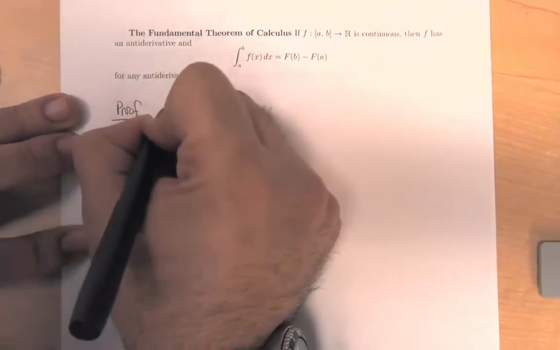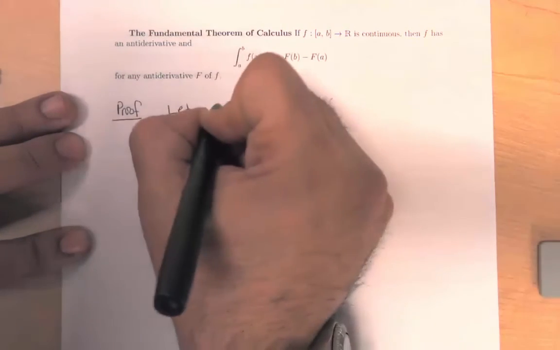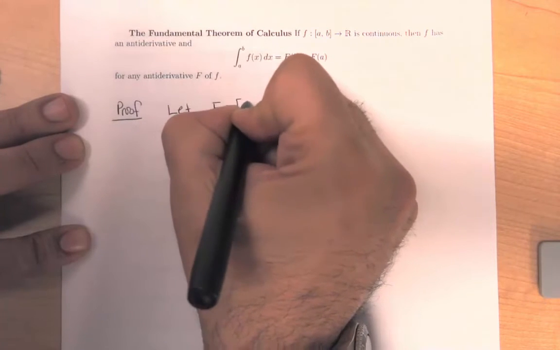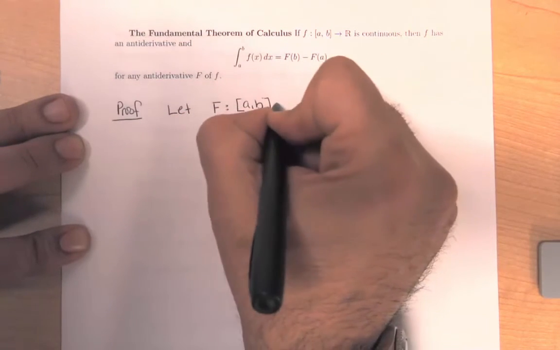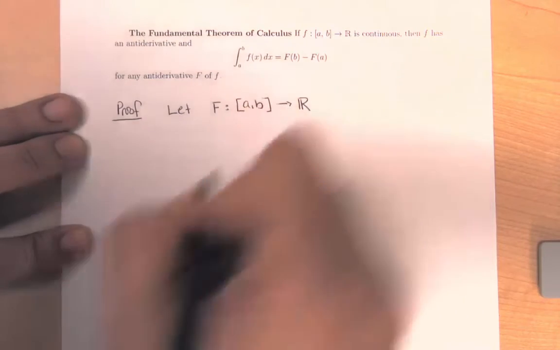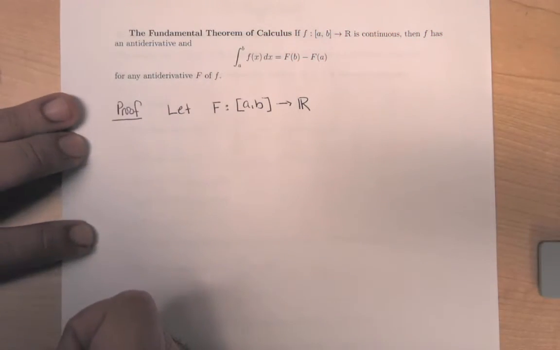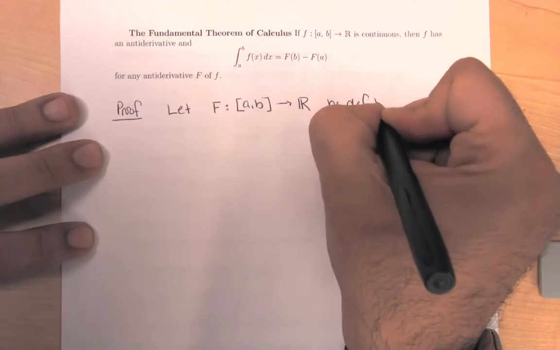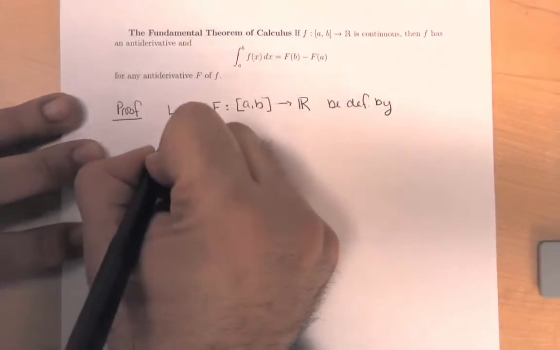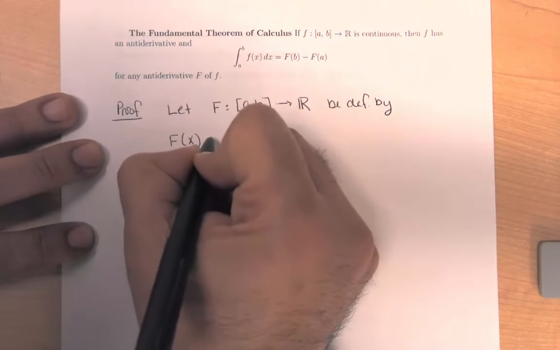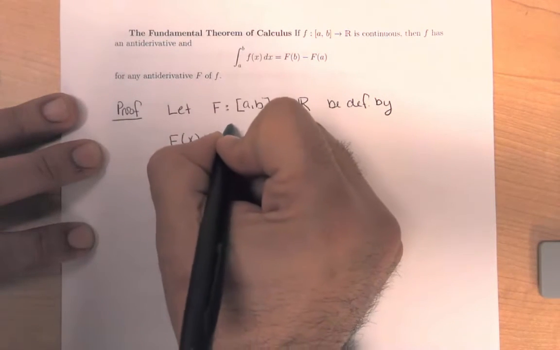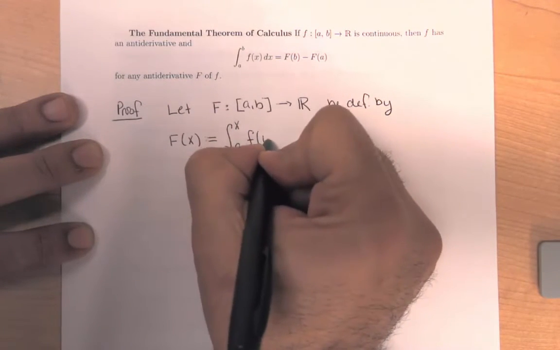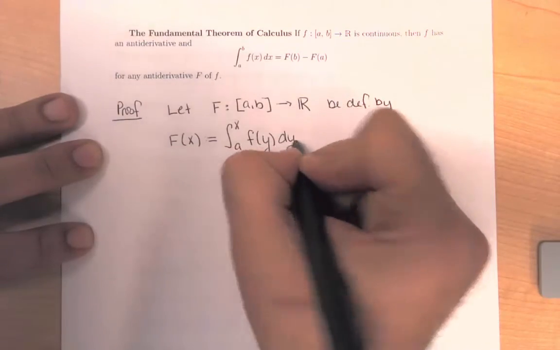So first let's build a function. Let big F map the closed interval a to b to R, be defined by the integral from a to x of f of y dy.